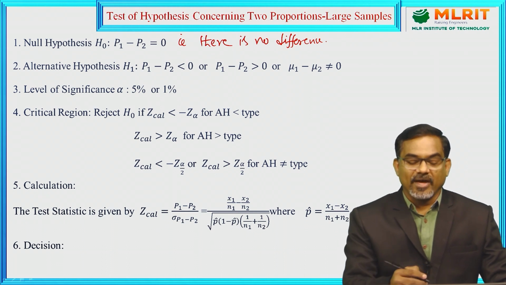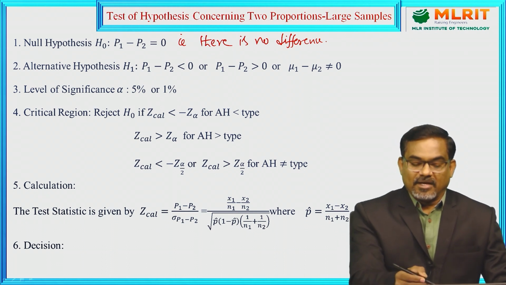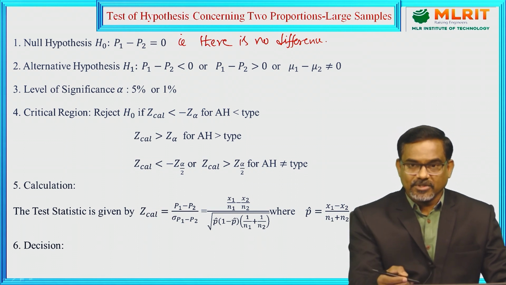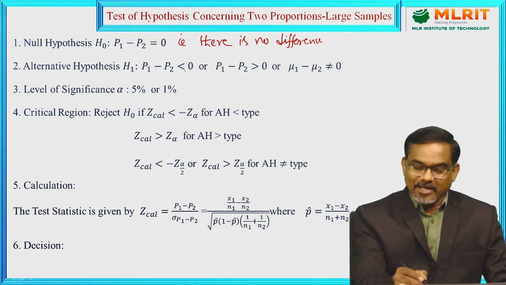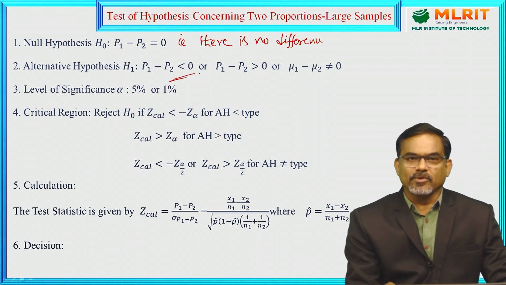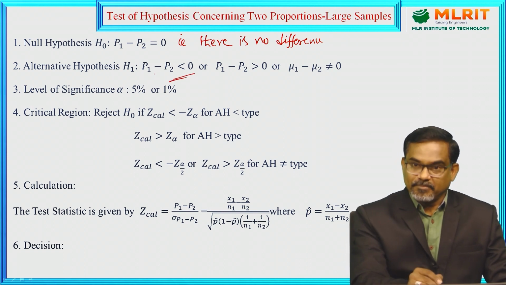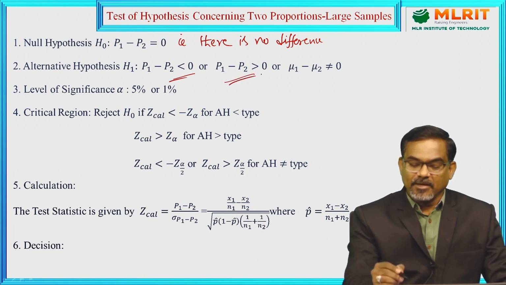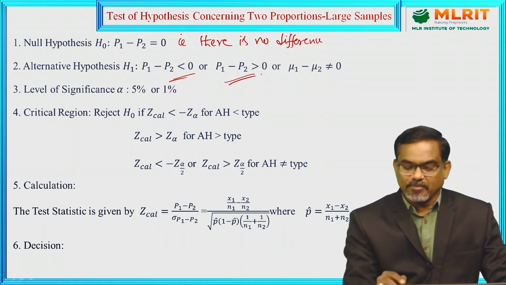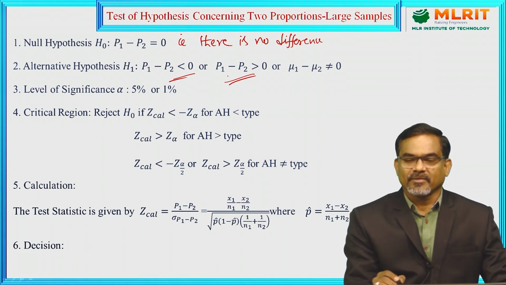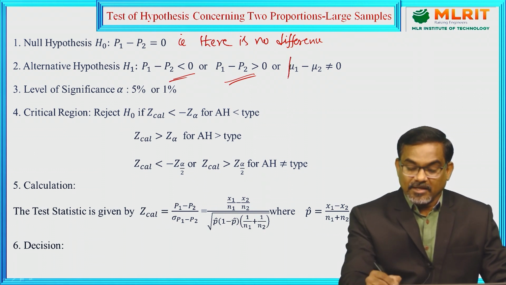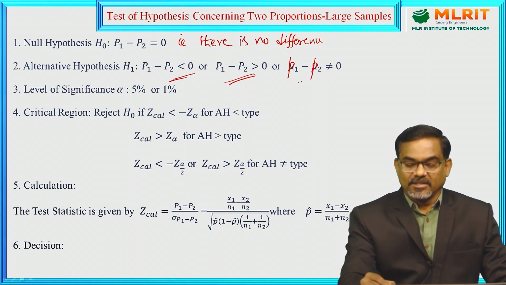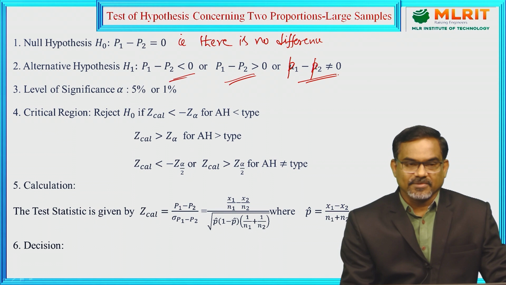And alternative hypothesis, any hypothesis other than the null hypothesis. Hence, there are three types: either P1 minus P2 less than 0, that means P1 is less than P2, P2 is better than P1; similarly, P1 minus P2 greater than 0, so P1 is greater than P2; and P1 minus P2 not equal to 0, the third case. There are three types of alternative hypothesis.